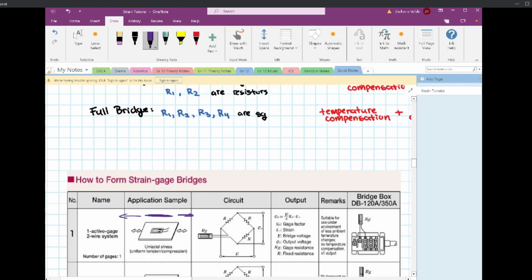You're not going to expect to see bending or anything else. So all you need to do is replace one resistor with a strain gauge in your Wheatstone bridge. And this has less ambient temperature sensitivity, but no temperature compensation.